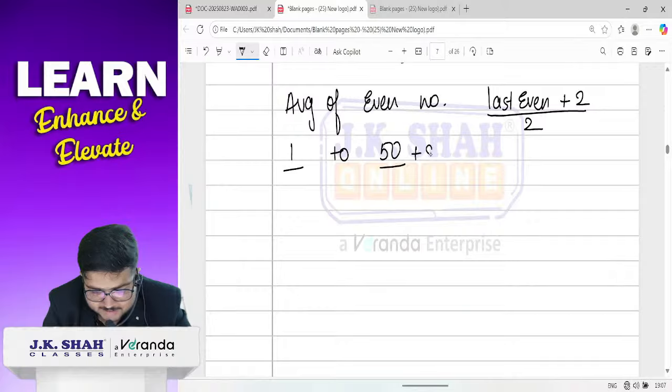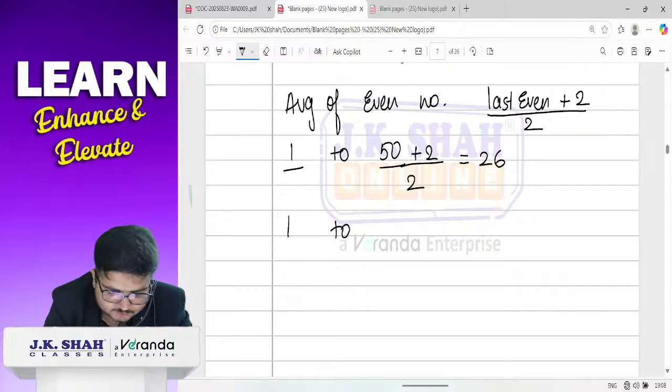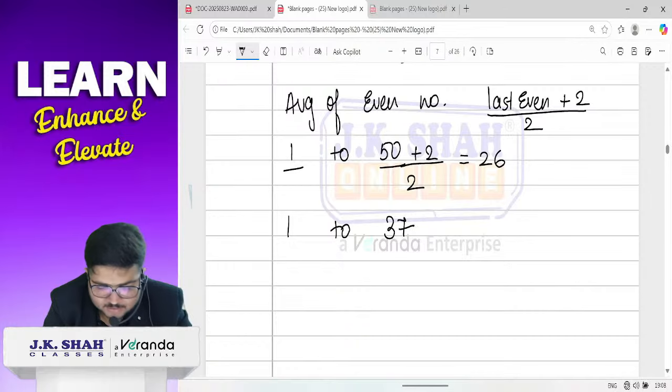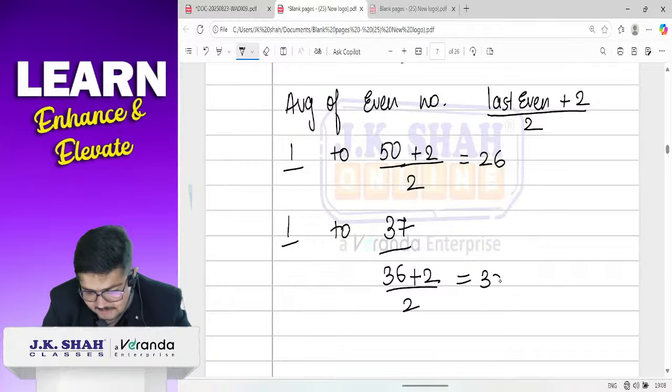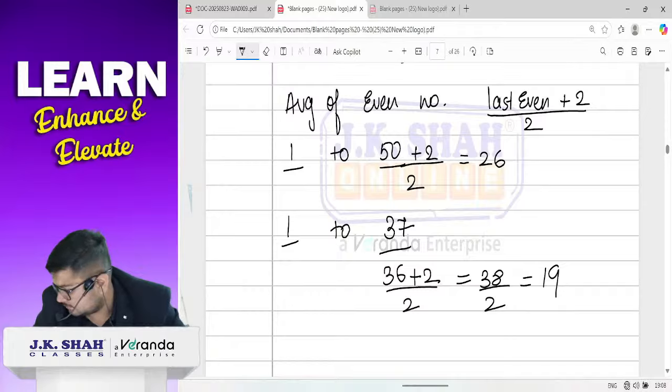So you add 2 and divide by 2. The answer is 26. Understood everybody? But what if they ask you 1 to 37? You check the last even number from 1 to 37. It is not 37, it is 36. So you add 2 and divide by 2. The answer is 38 upon 2, that is 19. Everybody understood this?